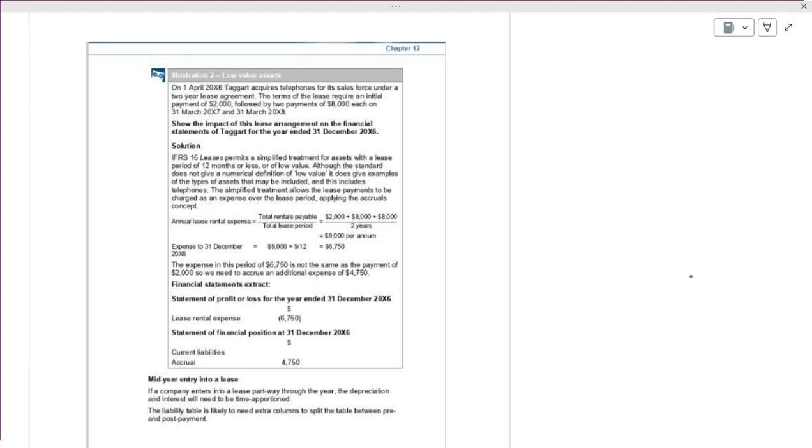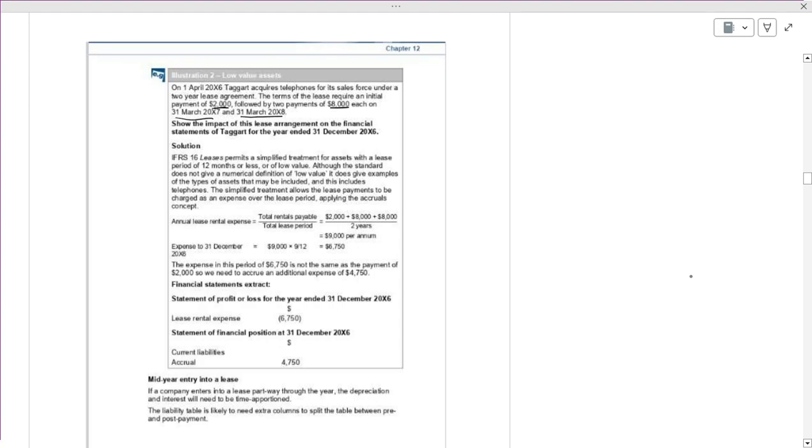The terms of the lease require an initial payment of 2,000, less than 5,000, followed by two payments of 8,000 each in March of the next 2 years.